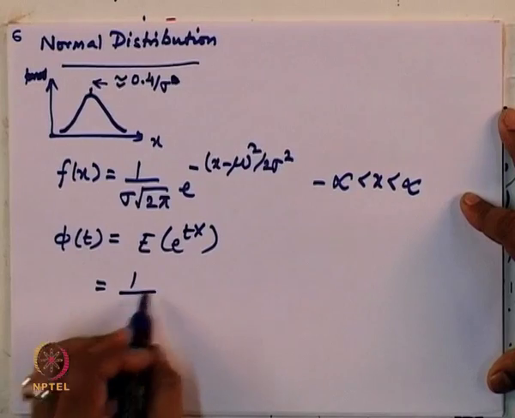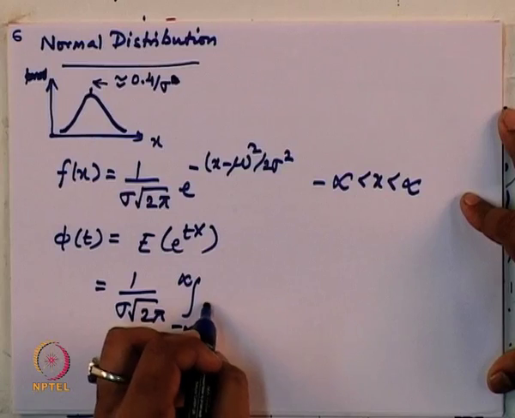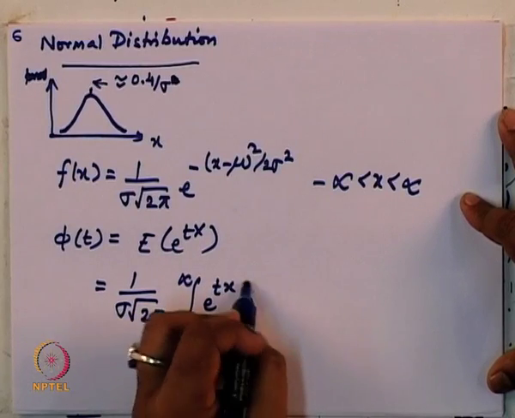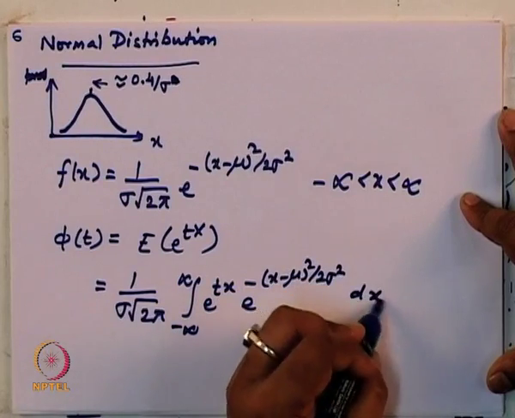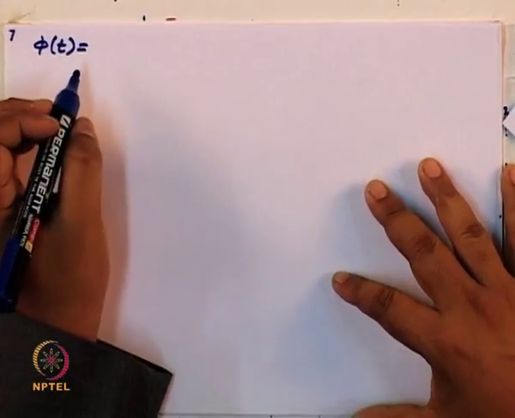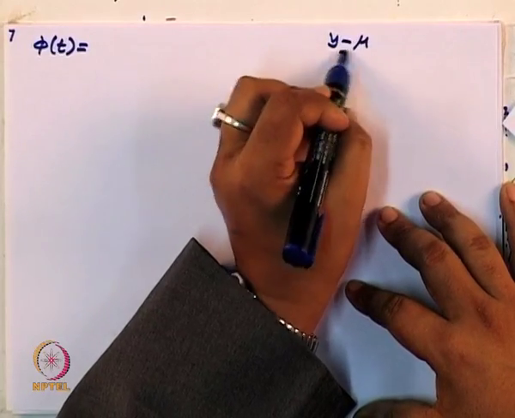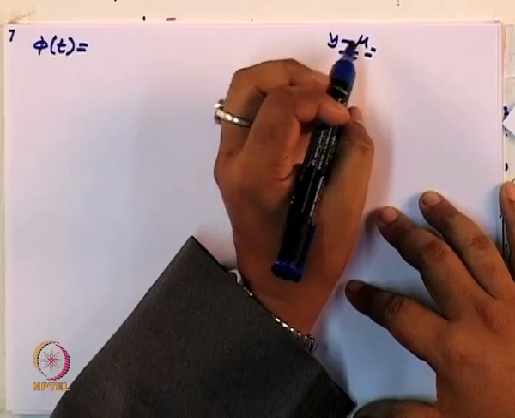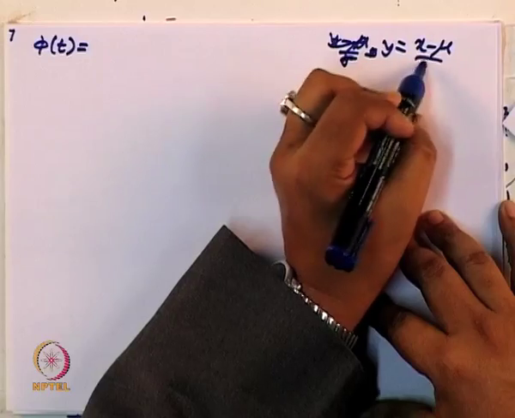This 1 by sigma root 2 pi I can take out as a constant. Let me define y as x minus mu by sigma.